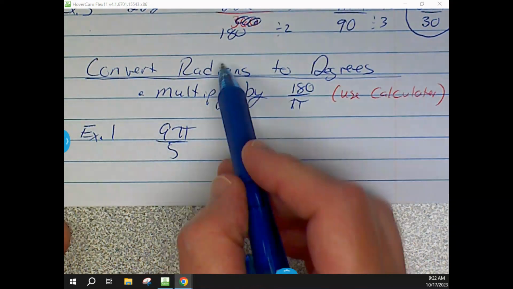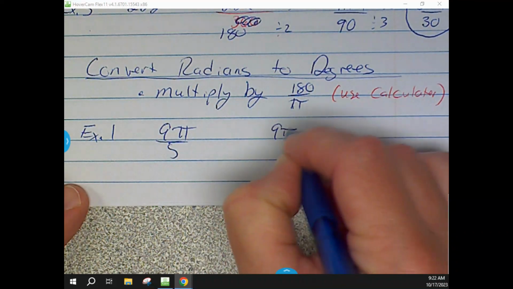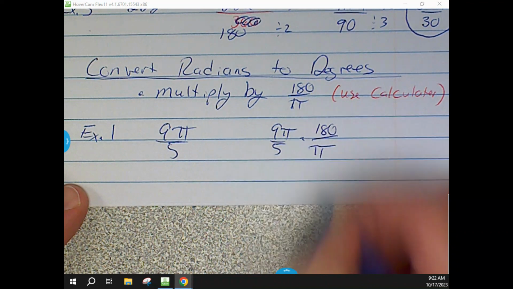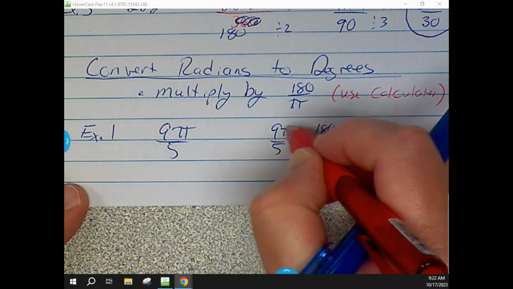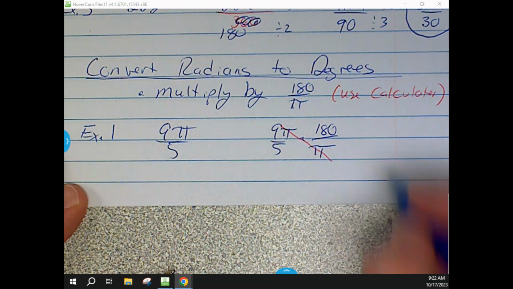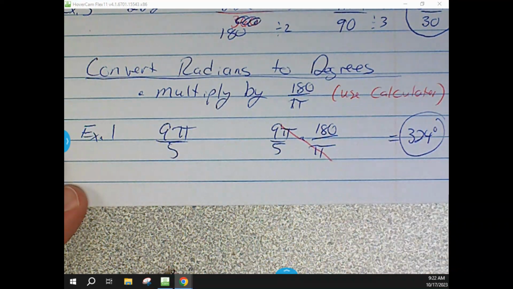So you've got it in radians, which means it's got the pi number in it. You've got to convert it to degrees. So it's 9 pi over 5 times 180 over pi. And where the calculator part comes in handy is if you've got pi over pi, the pi's cancel. So now it's just 9 times 180 divided by 5. Comes out to 324 degrees.